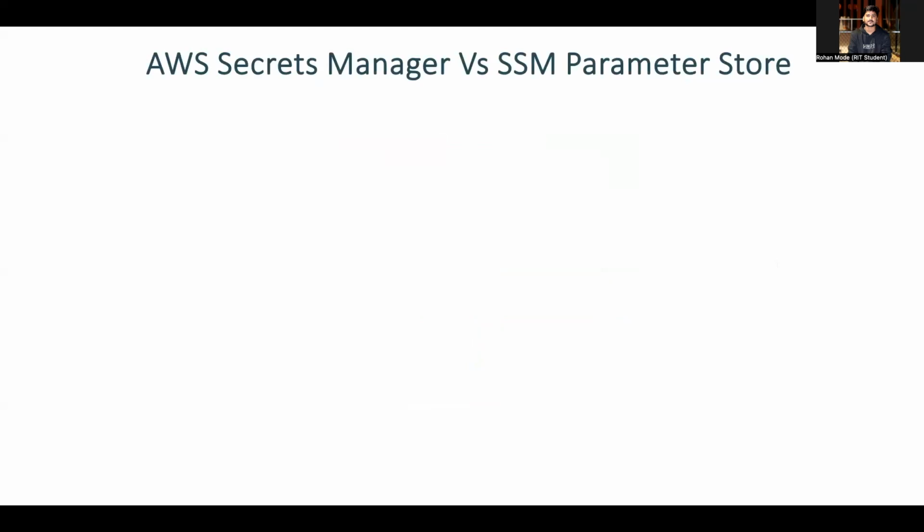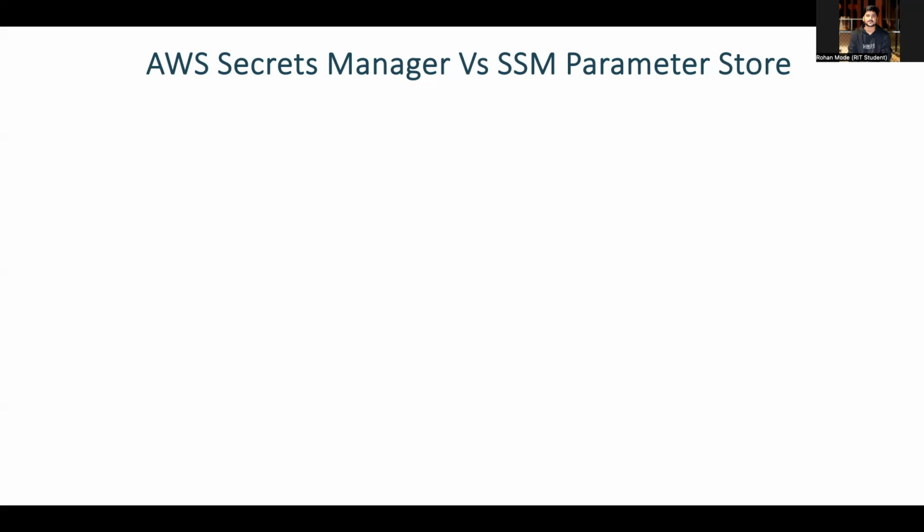Now let's clarify the confusion between AWS Secrets Manager usage and Systems Manager parameter store usage. So what are the key differences between AWS Secrets Manager and SSM parameter store? Let's start with the primary purpose of both the applications or services provided by Amazon. The first one, AWS Secrets Manager, is basically for secrets management, whereas Systems Manager parameter store is mainly for configuration management.